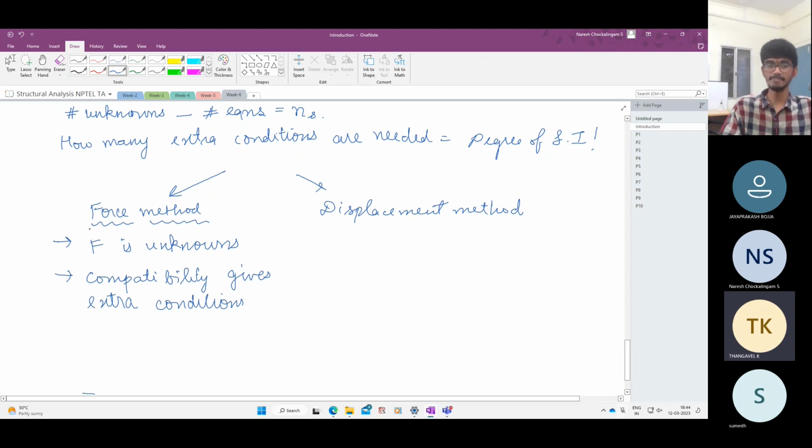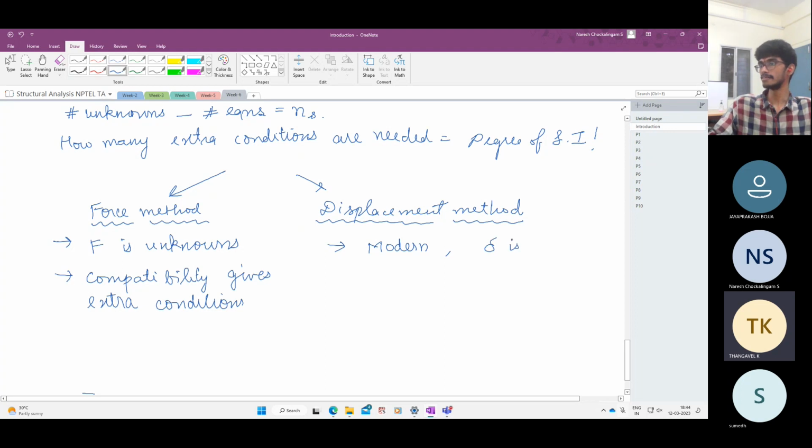So this is the traditional method. This is old. Nobody uses force methods in practice today. So what people adopt in computers, because the actual structures are so big that people do only computer-based analysis. So this is modern. So finite element method, if you have heard of, is based on displacement methods. In this, the displacements are unknown.